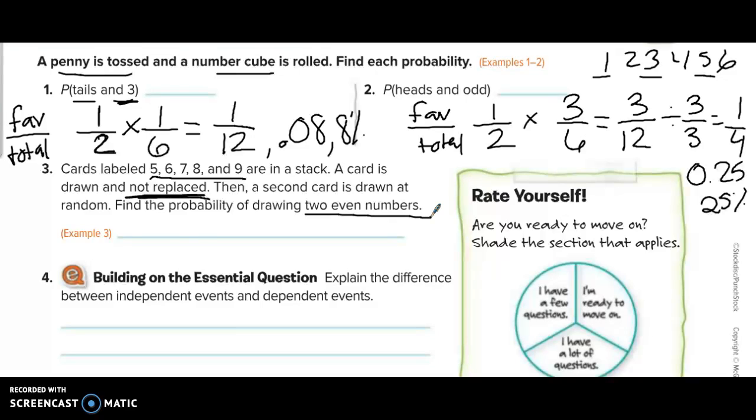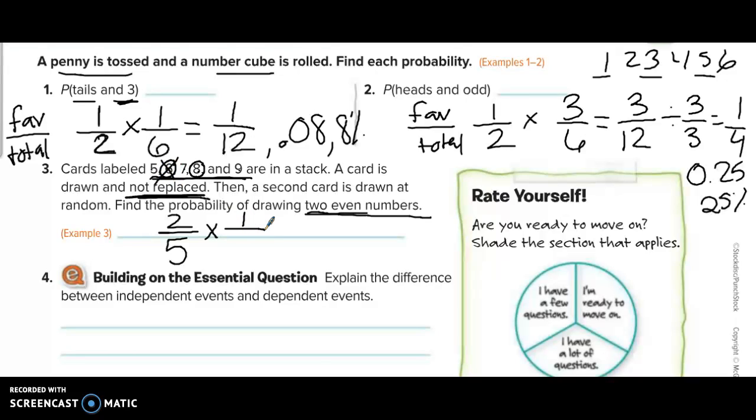So the first one, I need 2 even numbers. For even numbers up here, I have 6 and 8. So I have 2 out of 1, 2, 3, 4, 5 total options. Times. Now I took out one of those even numbers. So if I took out a 6, let's say, I only have 1 option left.